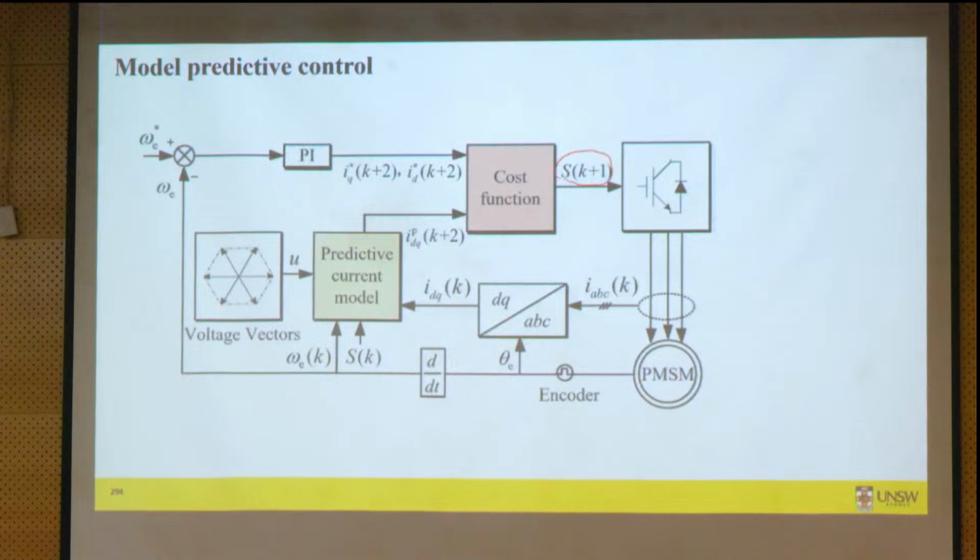You can see it actually came from DTC. In DTC also, you try to find which space vector to apply if your torque increases. Here it's the same concept: you want to find which space vector to apply to reduce the error between the predicted current and the reference current.